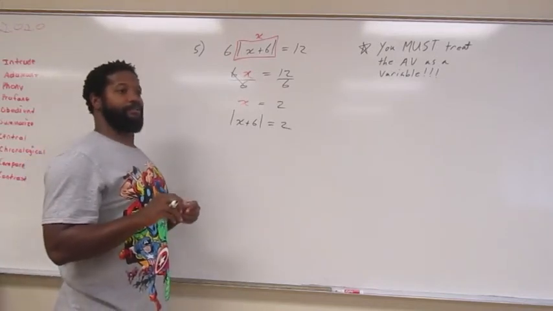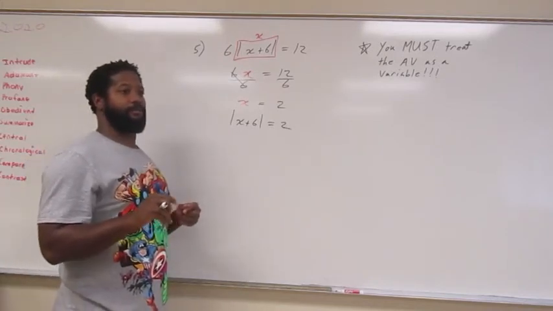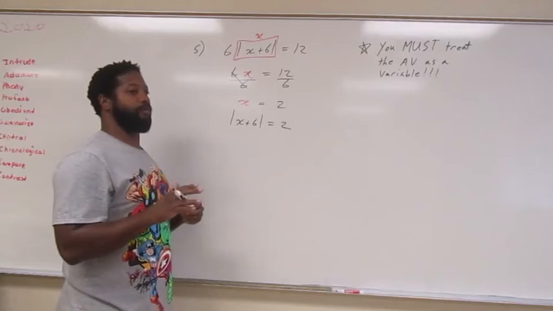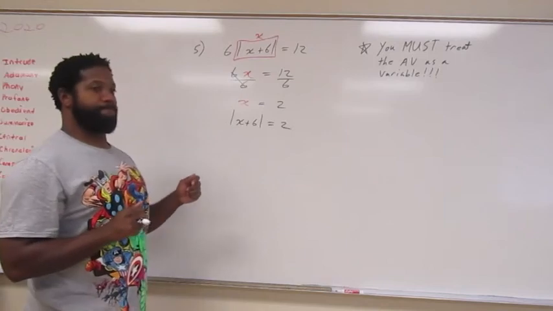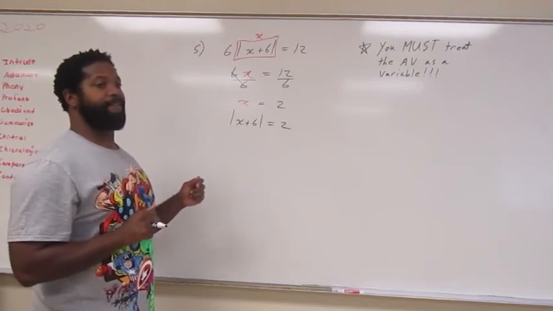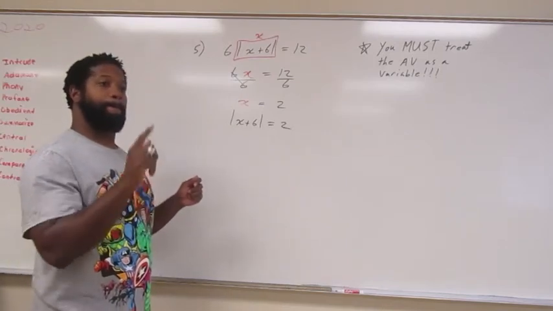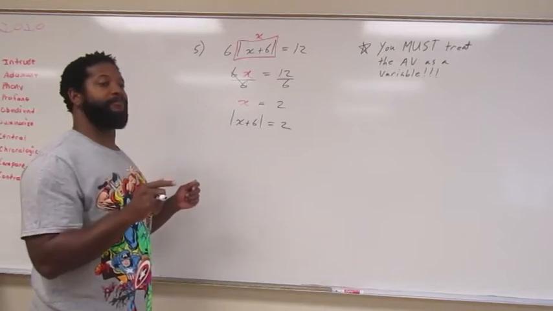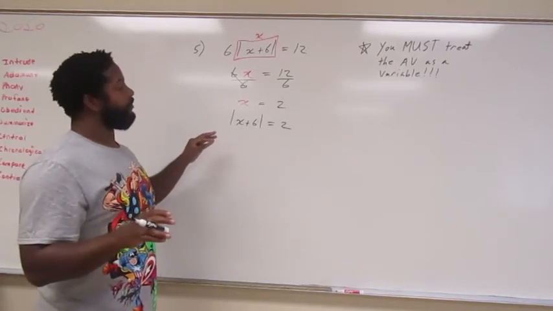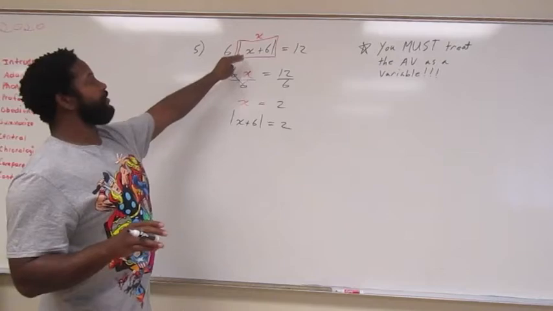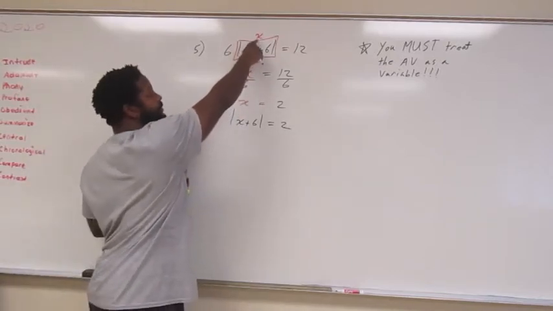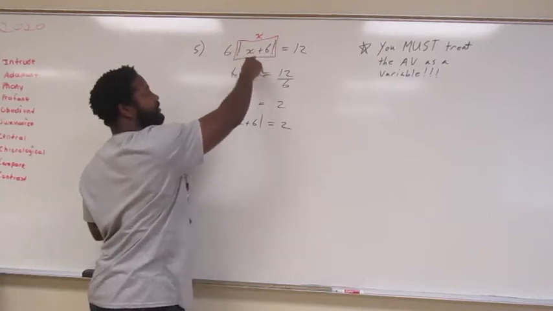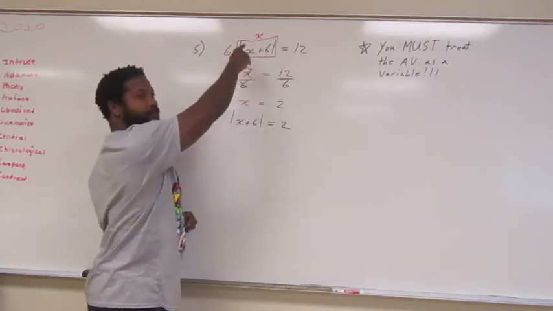So technically, you don't do anything to the variable. All I'm doing is just turning my absolute value into a variable. That's why I put it in the box and put an X over it, right?